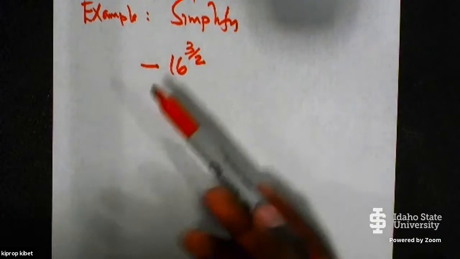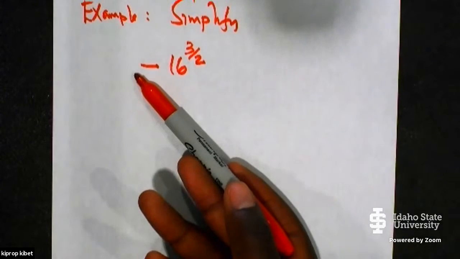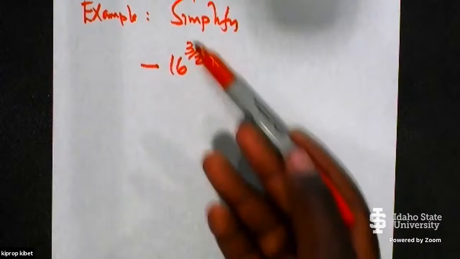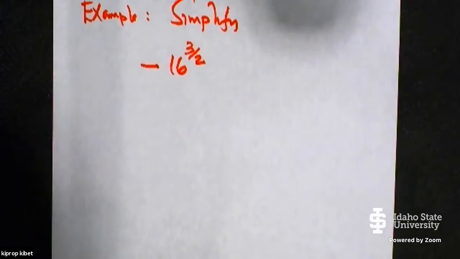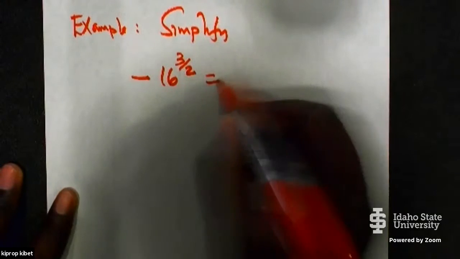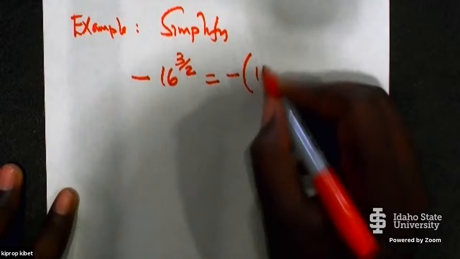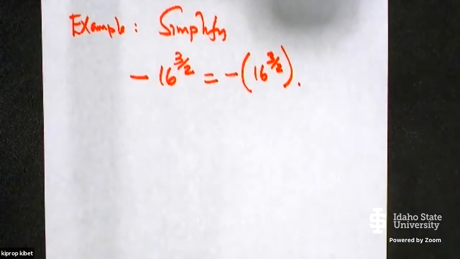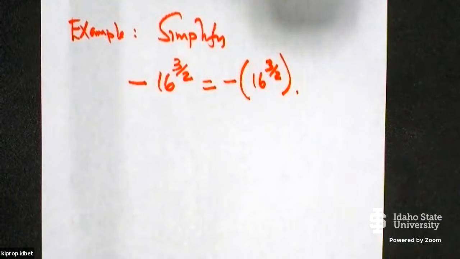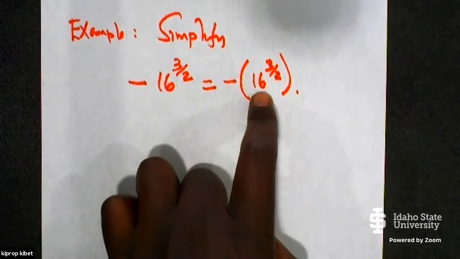Looking at this negative here, I don't think it affects the power there. So this is equal to negative 16 raised to 3 over 2. So we can look for the factors of 16.